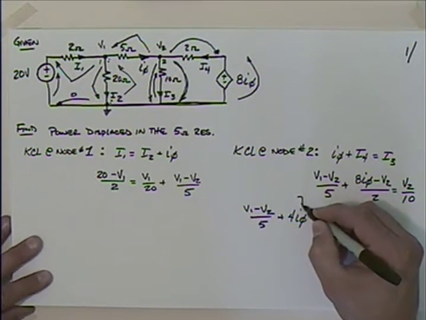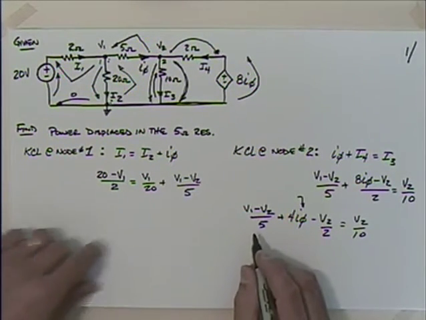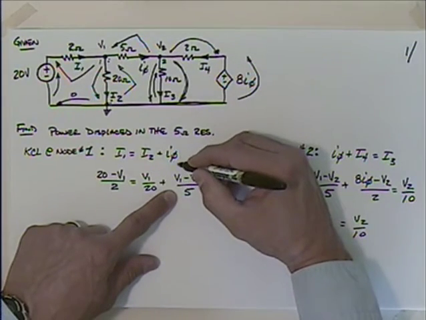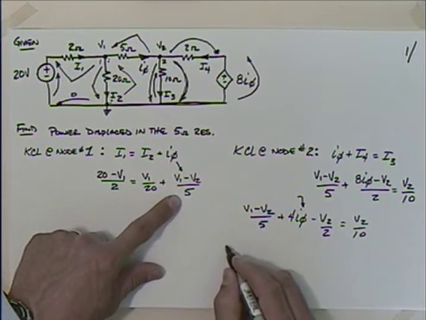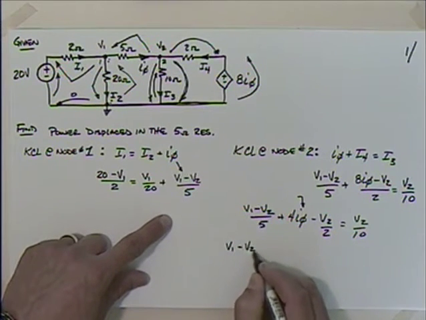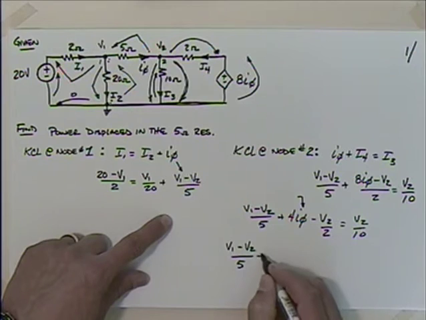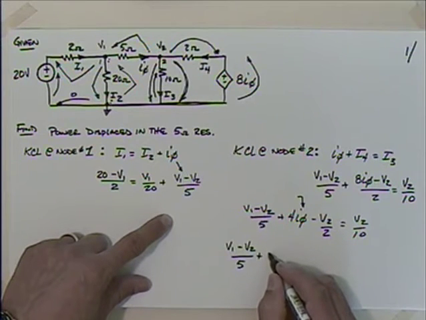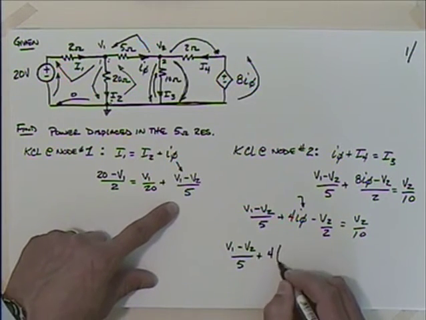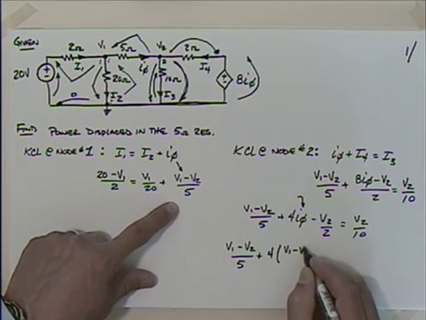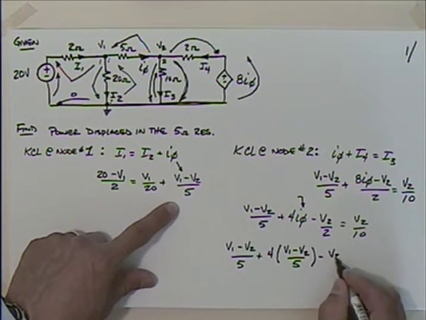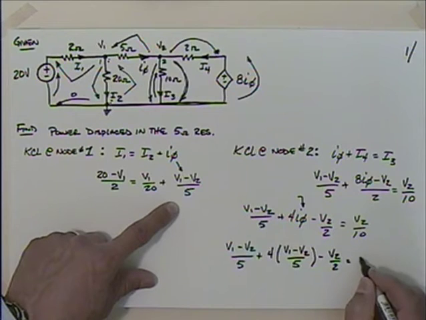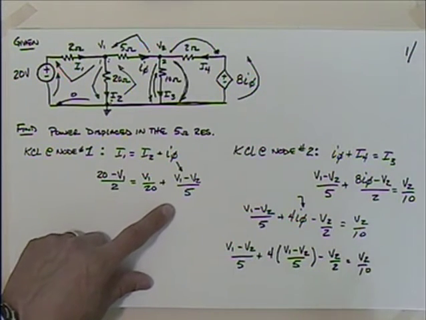I'm going to have to substitute in there. What is I phi? Well, I phi is that thing right there, isn't it? So I'm going to have V1 minus V2 over 5 plus 4 times V1 minus V2 divided by 5. Sure I've done that. Yep. Minus V2 over 2 is equal to V2 over 10.